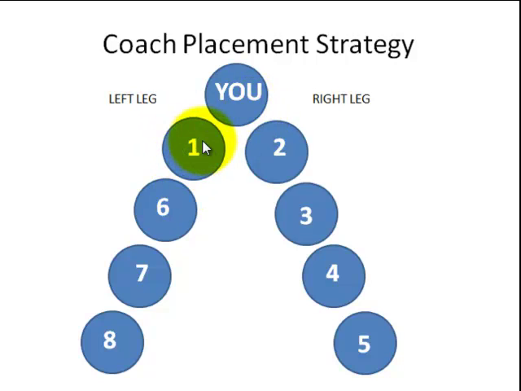So coach one would go in that power leg, coach two would go in the opposite leg, and then for the next couple of coaches, you're going to leave that placement set to right leg. So coach one, coach two, then you can see here, coach 3, 4, 5.